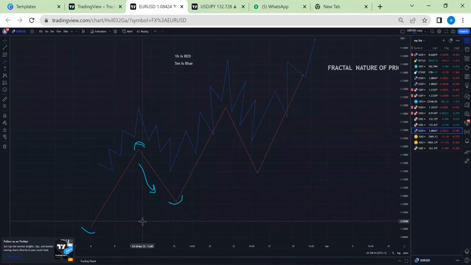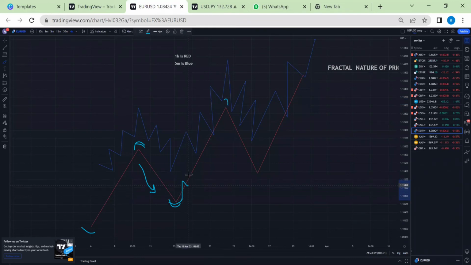Same way from this pump, this higher low here to this higher high here. If you switch to 5 minutes time frame, this is what you are going to see.